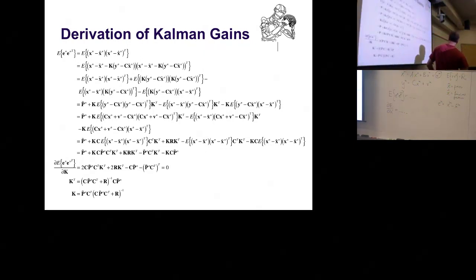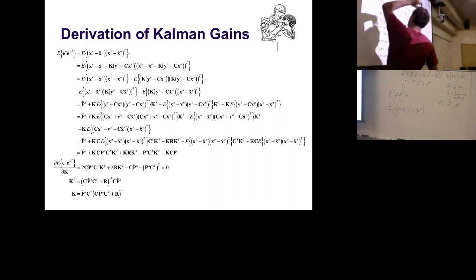Cool. So let's do the first part a little bit. Here I get the expectation of, it's not so hard in the end, xn minus x hat n times xn minus x hat n transpose. So this is the first step. What happens next? I'm replacing x hat with my knowledge of the Kalman filter update equation.